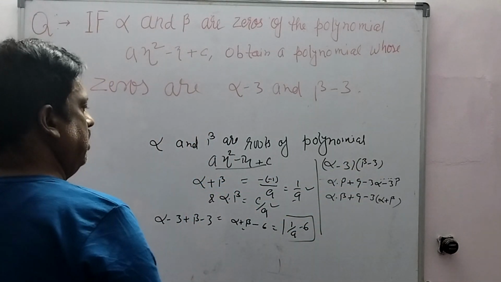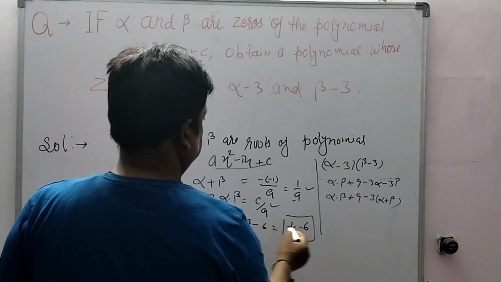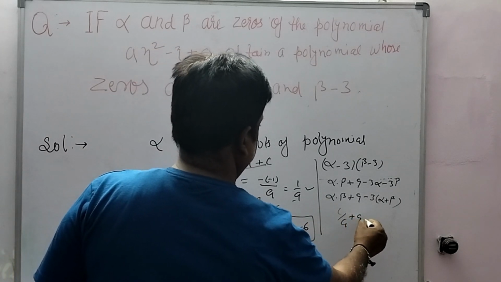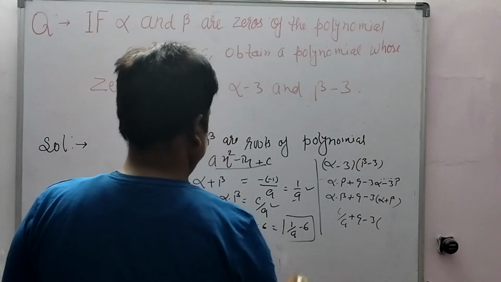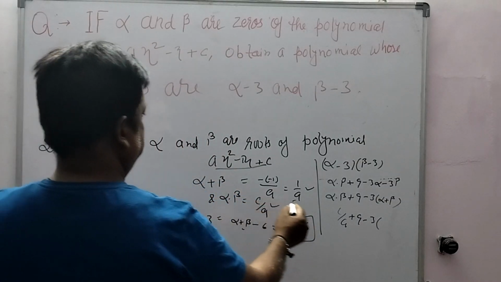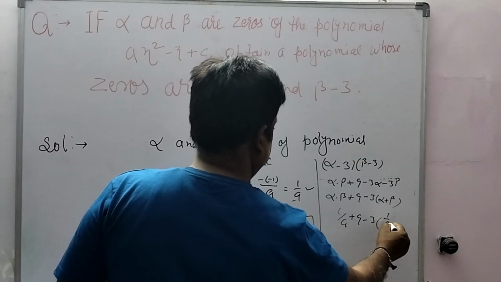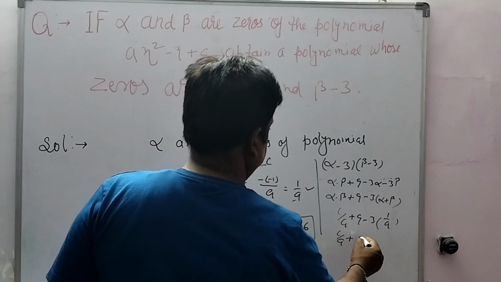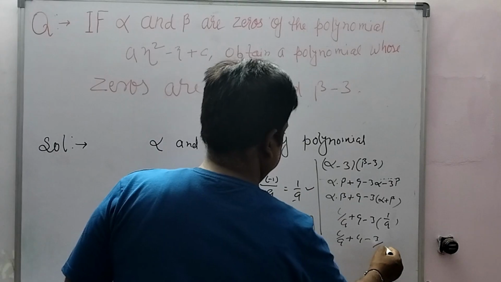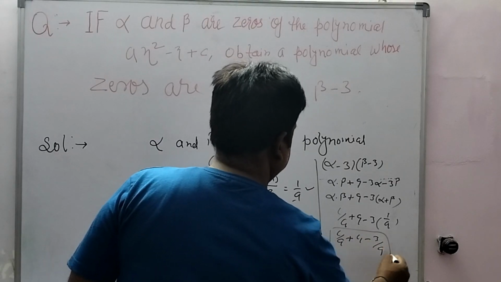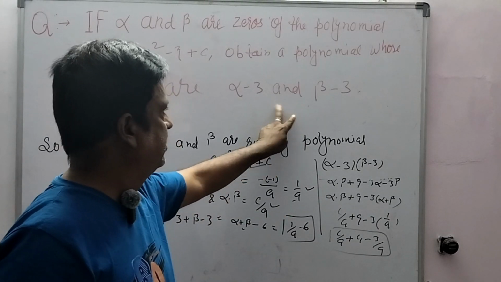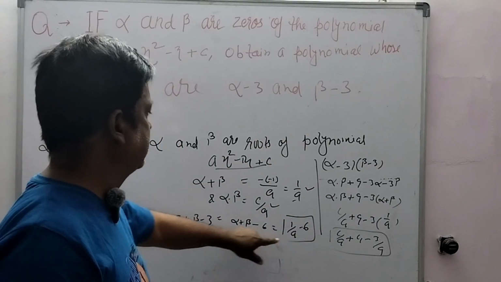Alpha beta is already given as c by a, plus 9 minus 3 into alpha plus beta, which we already know is 1 by a. Finally this comes c by a plus 9 minus 3 by a. This is the product of these two roots, and the sum of these two roots is also found.